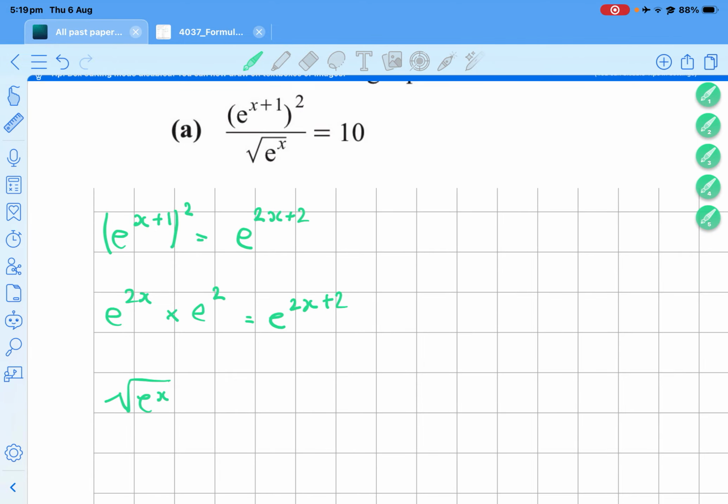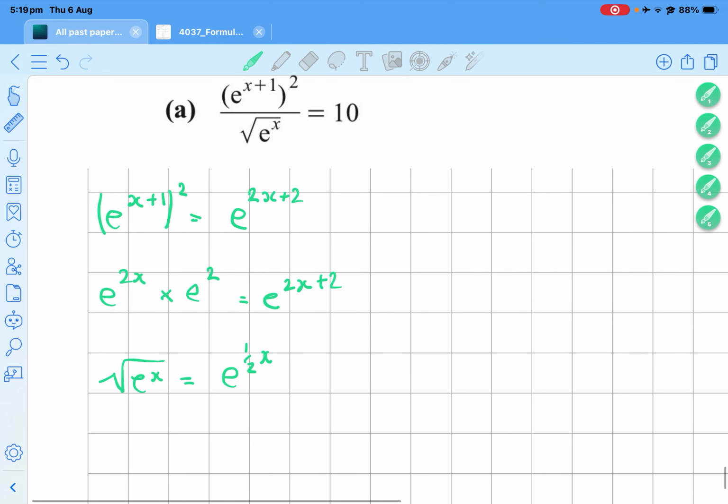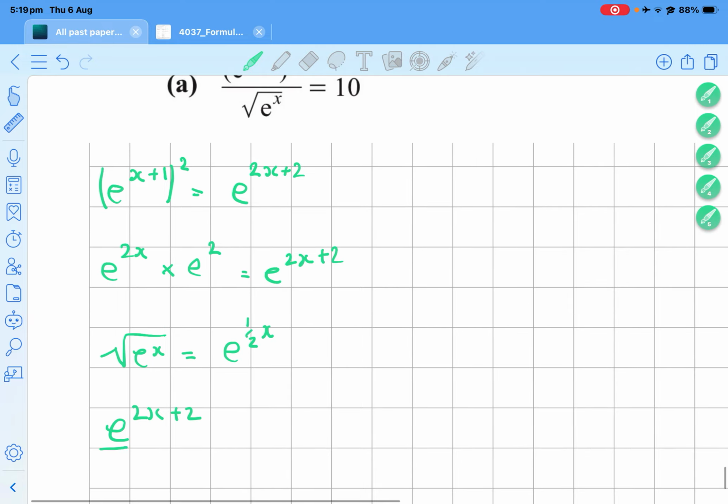I could write that as e raised by x, raised by half, which is just like saying e raised by half x. So I have e raised by 2x plus 2 over e raised by half x. And then all of this equals 10.